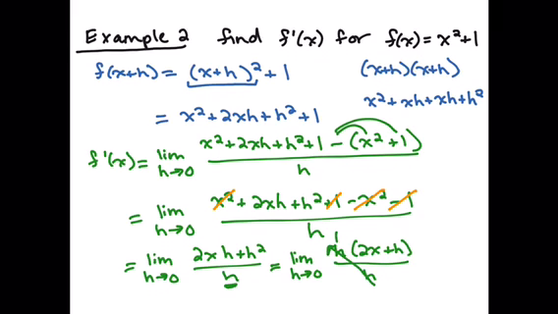This h over h goes to 1. And I've got the limit as h goes to 0 of 2x plus h. When we substitute in a 0 for that h, we get 2x. And that is the derivative of my curve, or how it is changing anywhere on that curve.